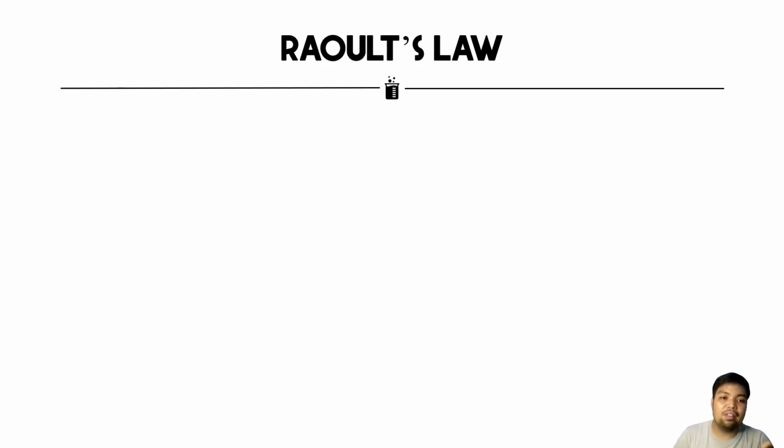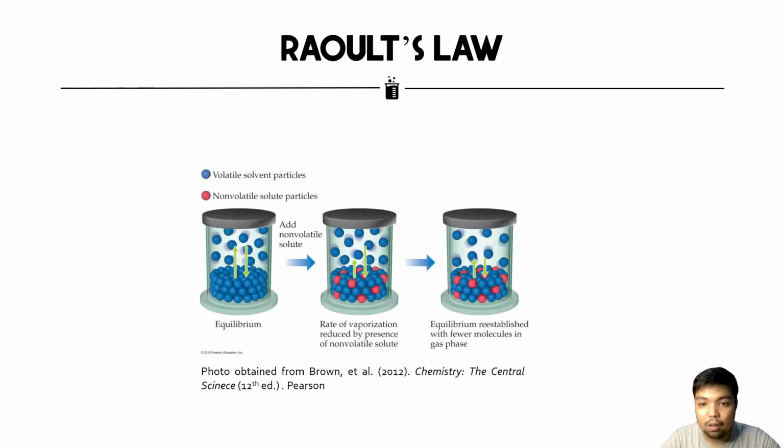So how does the solute lower the vapor pressure of the solution or the solvent? So what happens here is that since your non-volatile solute particle will be dissolved in the solution, in order for the solute particles to be dissolved in the solvent, it should form a stronger non-covalent interaction with the solvent particles enough that it will break the non-covalent interactions between the solvent particles.